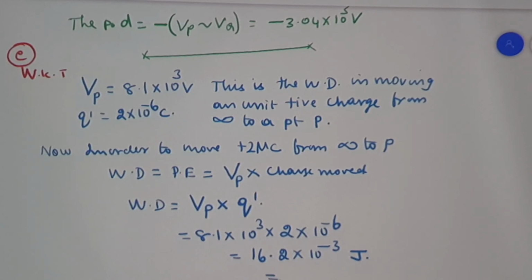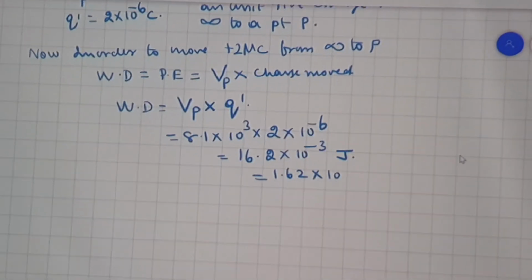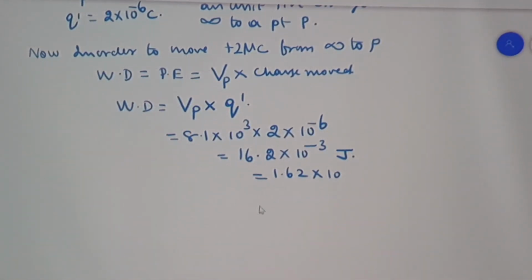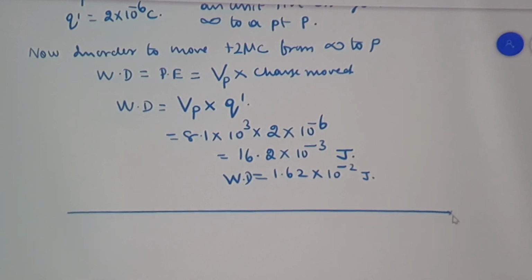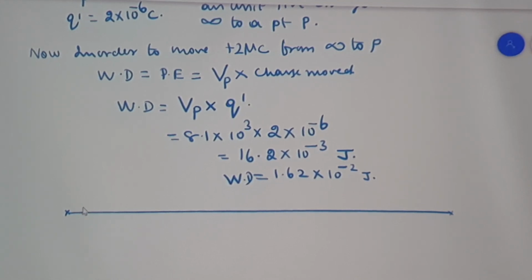Or this can be written as 1.62 into 10 to the power of minus 2 joule. Whichever way, both are correct. This is the work done in moving a charge of 2 microcoulomb from infinity to the point. I think it's clear. You are very clear about this idea.